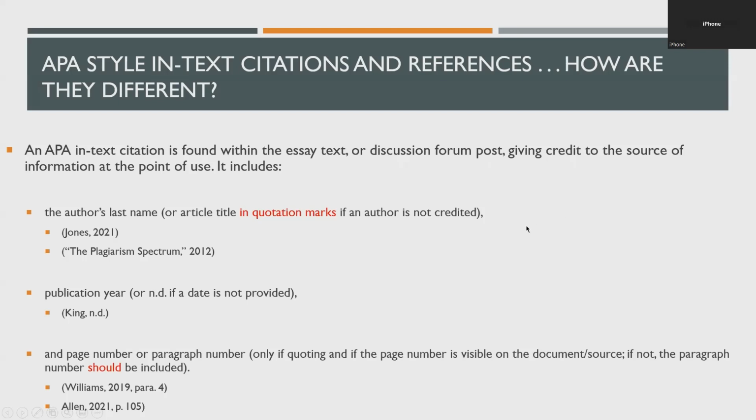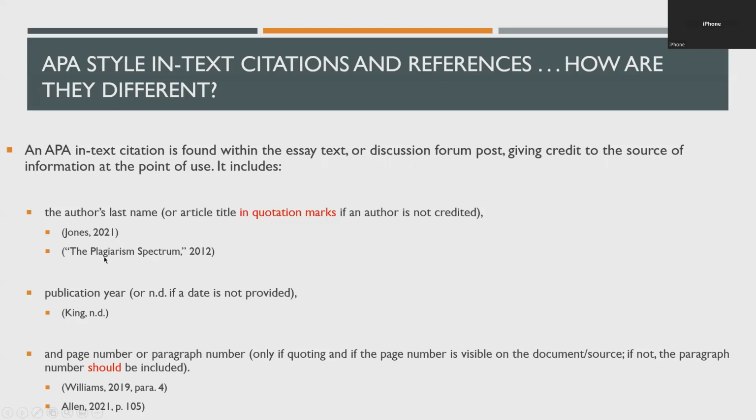Anytime you use information from a source, you need to give it credit with an in-text citation. So we have some examples here. Typically, an in-text citation is going to be the author's last name, a comma, and then the year that the source was published. So here we have Jones, comma, 2021.